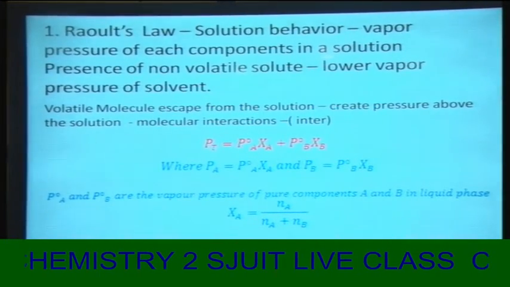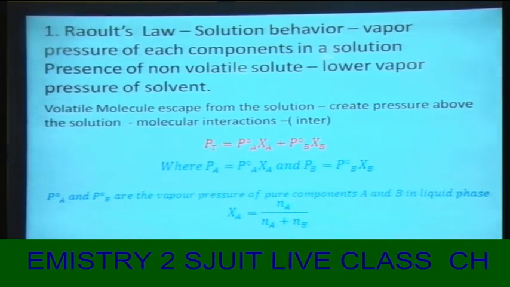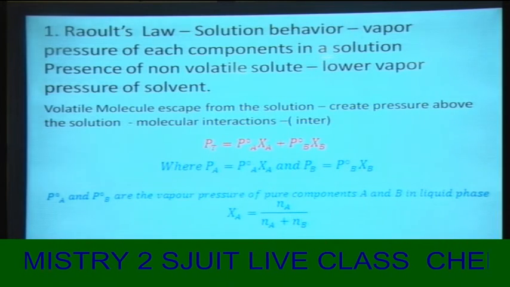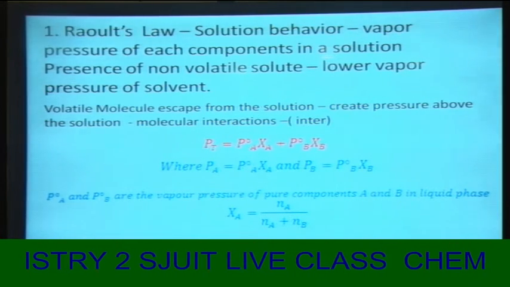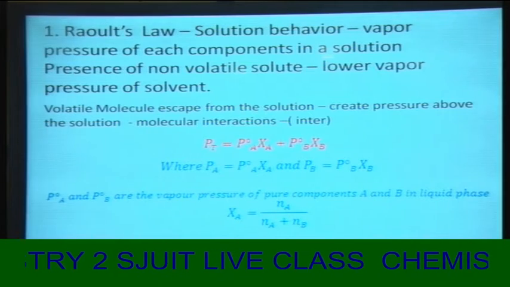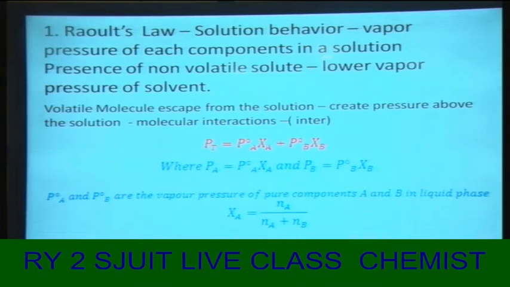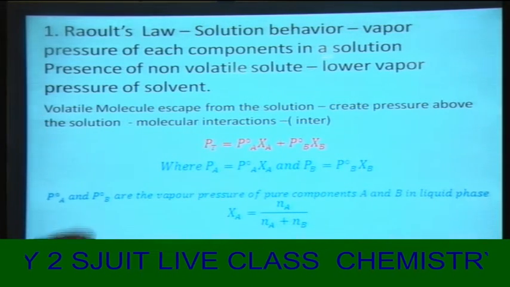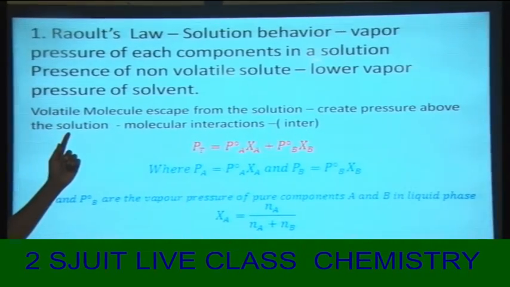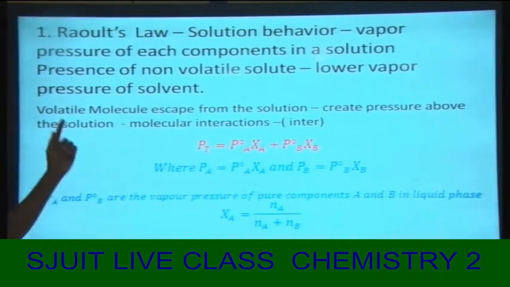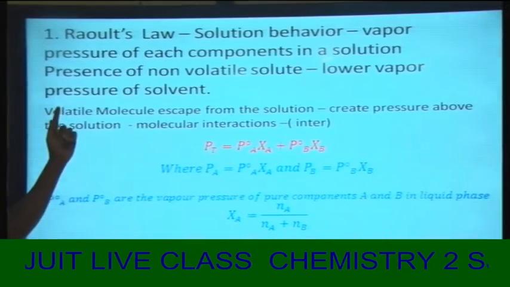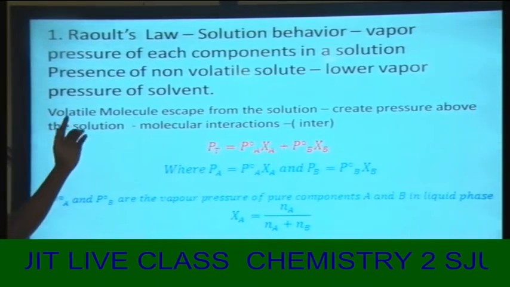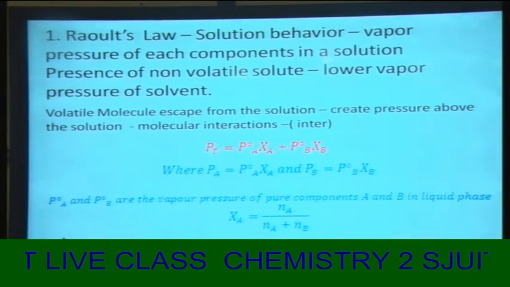This is the result of intermolecular interactions. If molecules are held together, it means intermolecular forces between the molecules are higher. There will be a lower tendency of volatile molecules to escape and go to a phase above the solution.